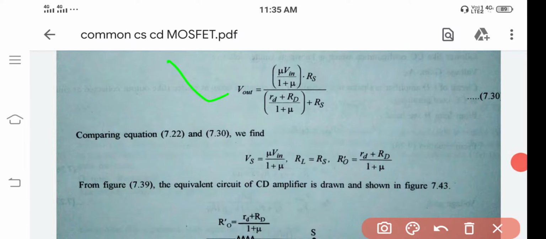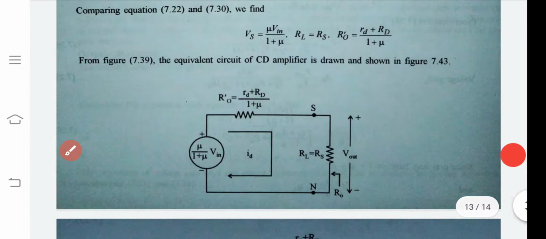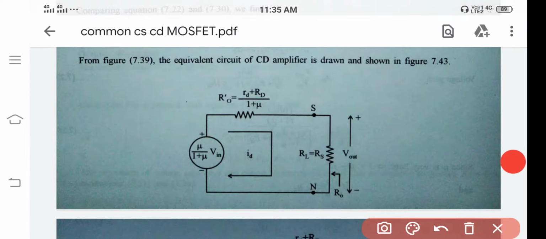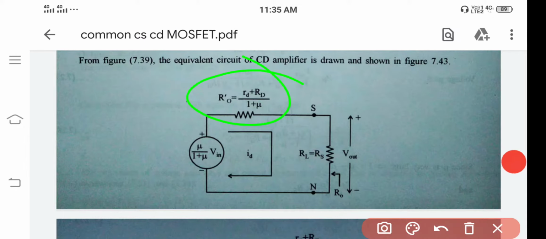Vout, source supply, output collected at RS, and internal resistance, load resistance, and this is the internal voltage of the circuit.